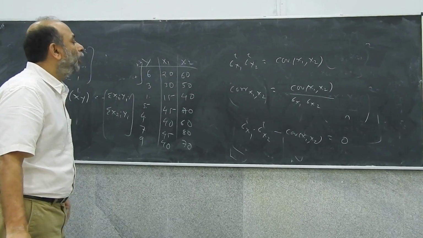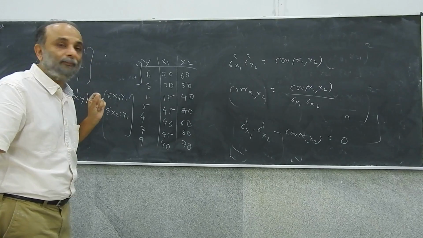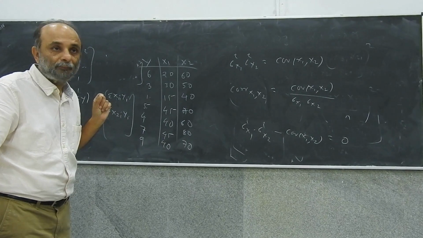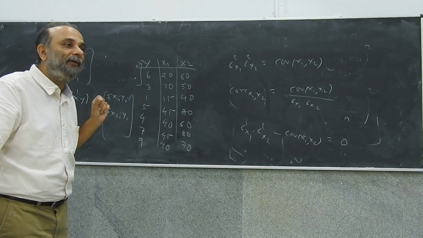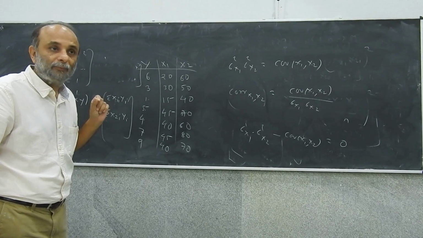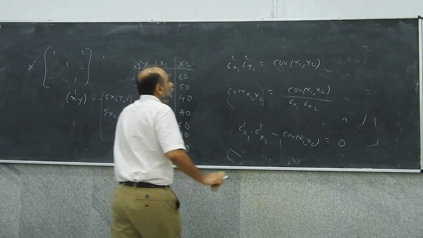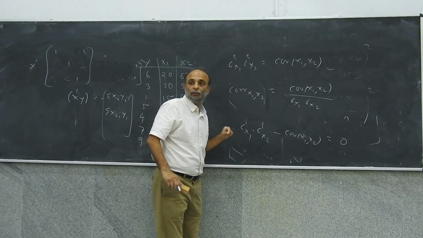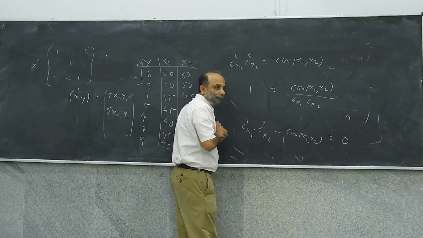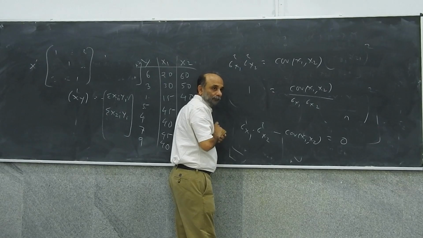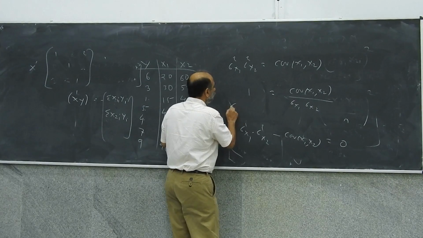Suppose x1 and x2 are perfectly correlated. Then what will the correlation of x1, x2 become? 1. So this number will be equal to 1. So what will you have?